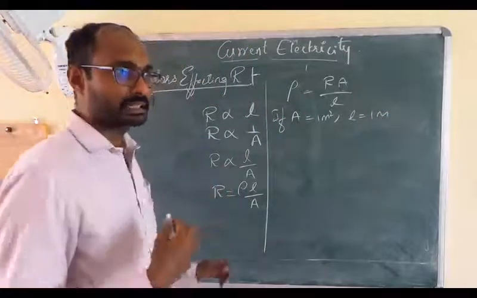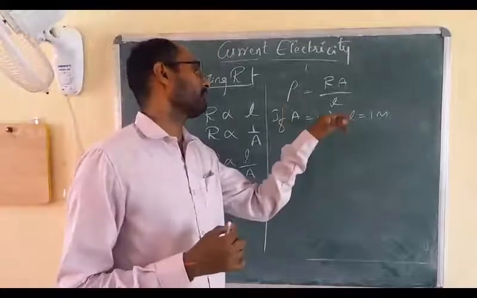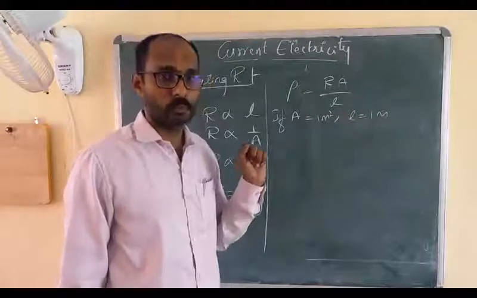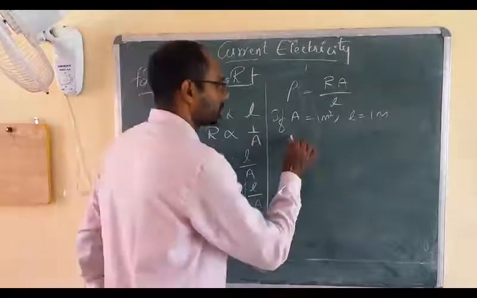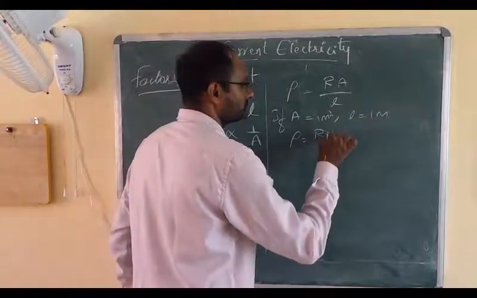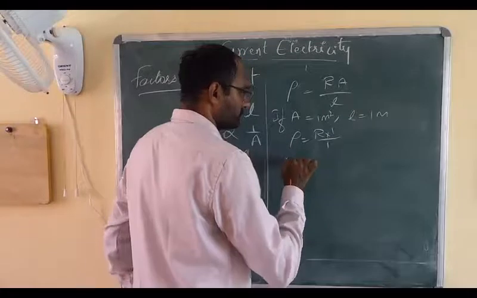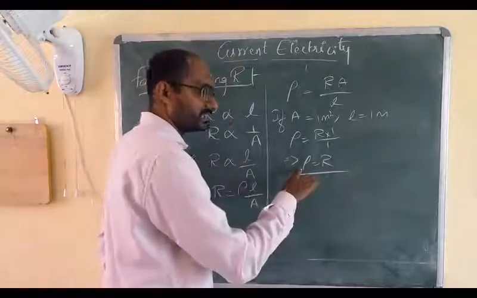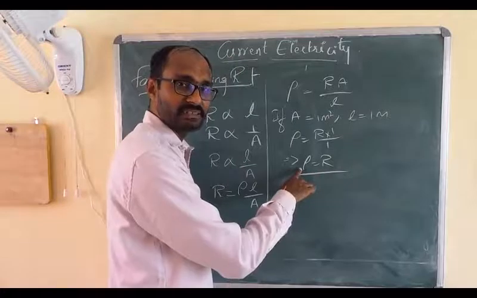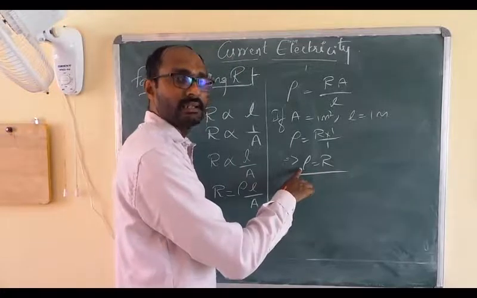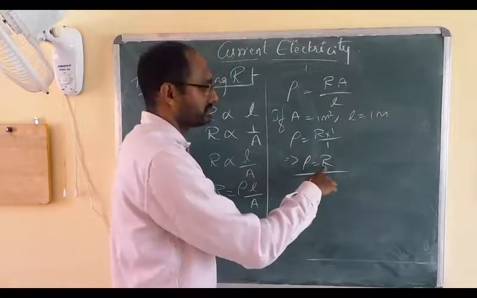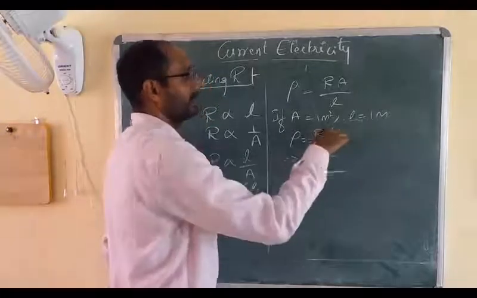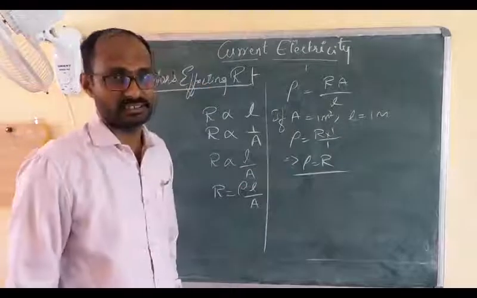If the conductor I have taken has an area of cross section of 1 meter square and the length of the wire is 1 meter, then I get rho is equal to R into 1 by 1, which implies rho is equal to R. This shows that specific resistance or resistivity of a conductor is nothing but the resistance offered by a conductor of unit length and unit area of cross section.